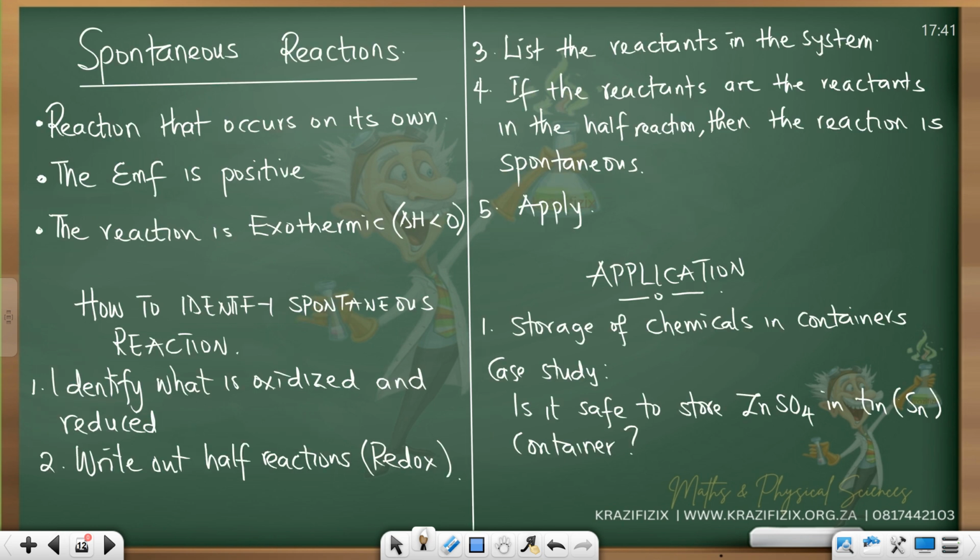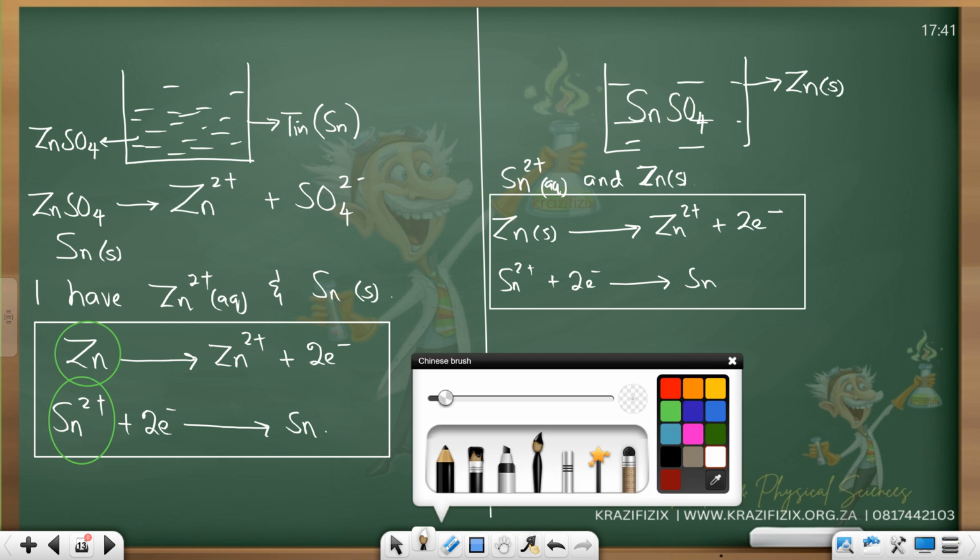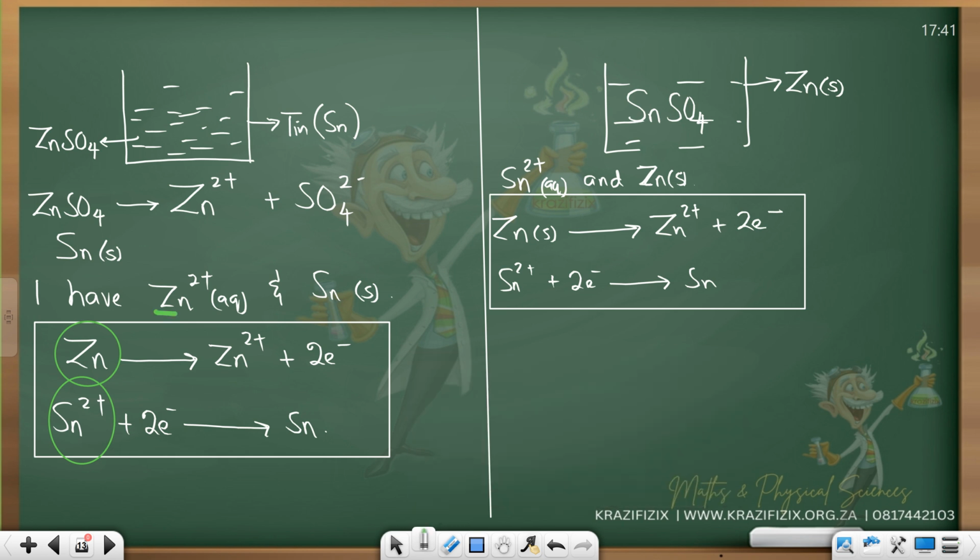Point 4 says, if the reactants are the reactants in the half reaction, the reaction is spontaneous. What are my reactants here? Zinc 2 plus and tin solid. Are they the reactants here? No. The reaction is not spontaneous. It will not happen.